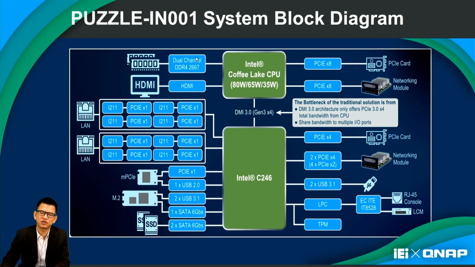We can support dual channel DDR4, supporting ECC and non-ECC. From the chipset side, we support 8 ports of 1 GB Ethernet, PCIe signal for mini PCIe, M.2, and 2 standard 2.5-inch SSDs. And we also support LCM here.